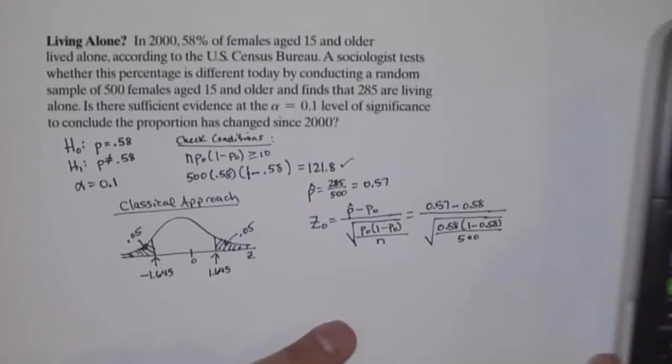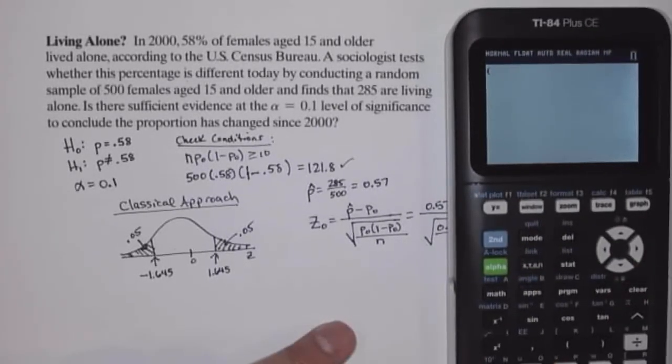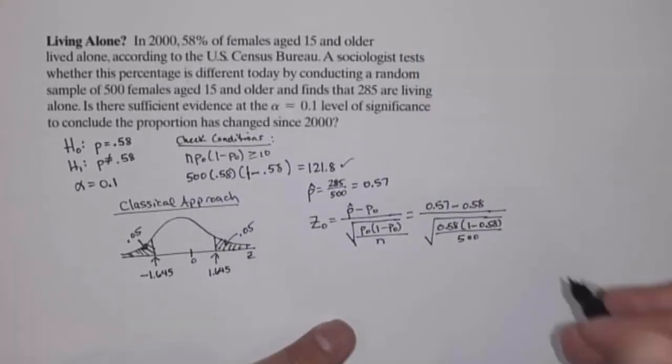So if I do this calculation, parenthesis, 0.57 minus 0.58, close parenthesis, divided by the square root of 0.58 times 1 minus 0.58, which is 0.42, divided by the sample size, which is 500, I get negative 0.453.